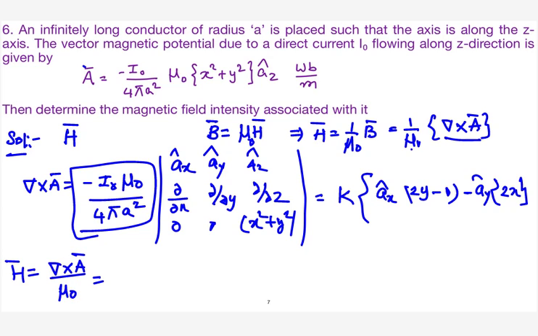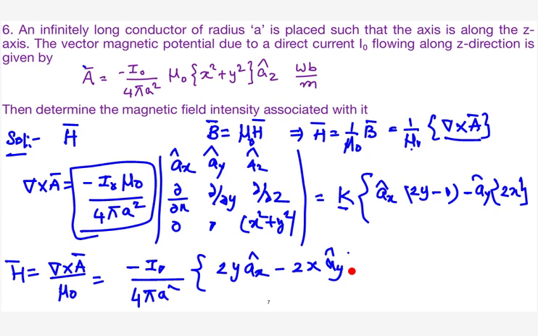So curl of A value you already know, the k divided by mu naught. So mu naught gets cancelled there. So you'll get minus I naught by 4 pi a square into (2y ax cap minus 2x ay cap). This is the magnetic field intensity.